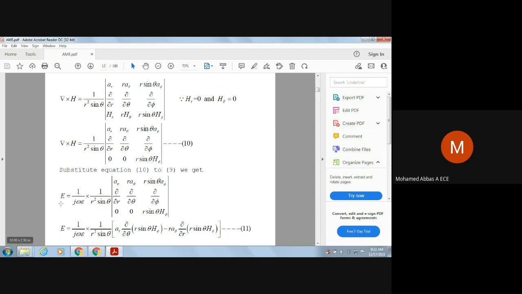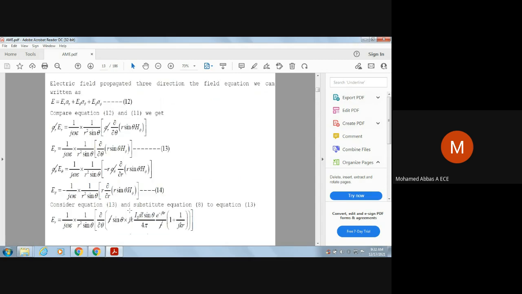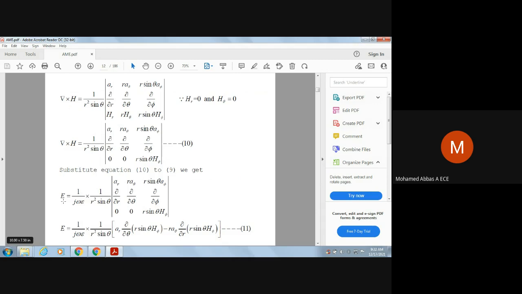So the equation is now modified. So we have the electric field equation 1 by j omega epsilon into 1 by r square sine theta and the terms within the matrix. So we are expanding this matrix now, and the expanded form of the equation for E is equation number 11.